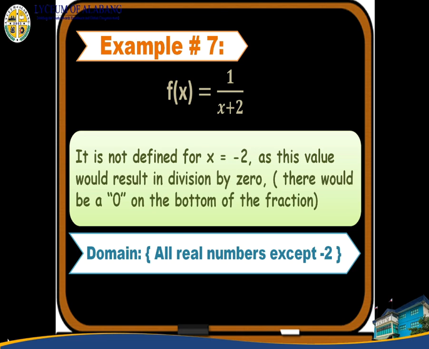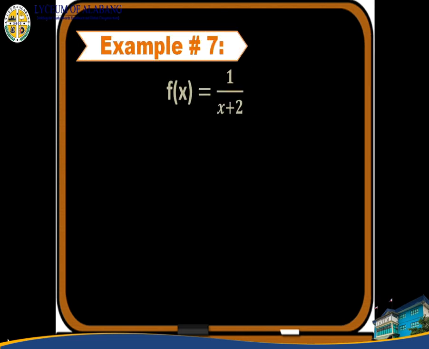And to get the range, again using the function f(x) = 1/(x + 2), no matter how large or small x becomes, f(x) will never be equal to 0. Why?